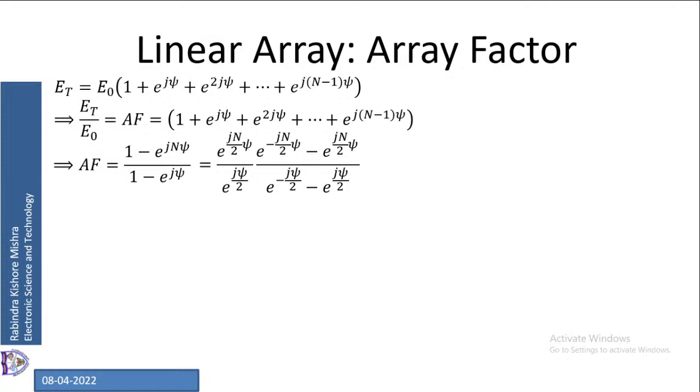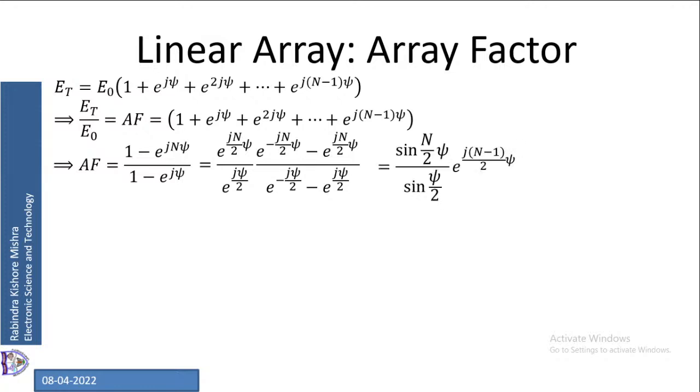The second term has a numerator and denominator. Numerator is exponential minus j n psi by 2 minus exponential j n psi by 2. Denominator is exponential minus j psi by 2 minus exponential j psi by 2.